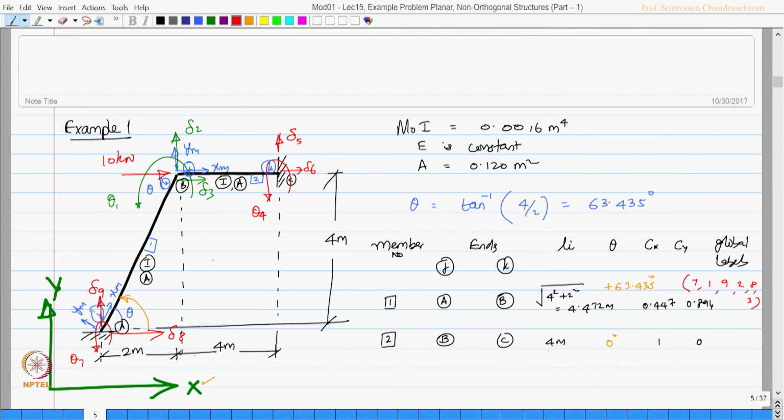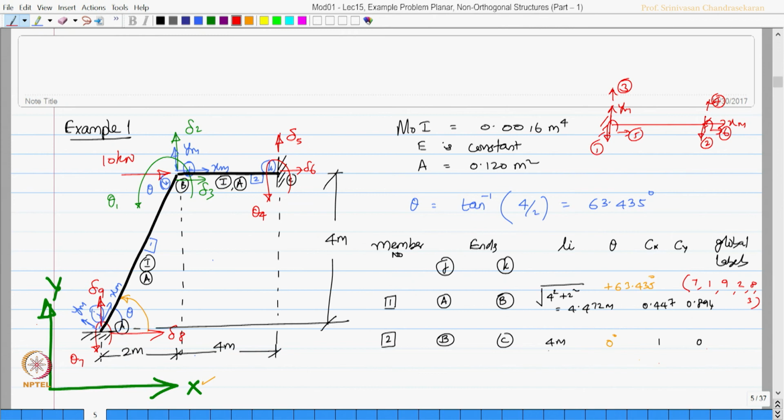How do you label this? Take a fixed beam. Let us say this is x m, this is y m, is it not? So, 1, 2, then along y 3, 4, then 5 and 6. So, same style here. 7 and 1 are the moments, then 9 and 2 are along y axis global, and then 8 and 3 are along x axis global.